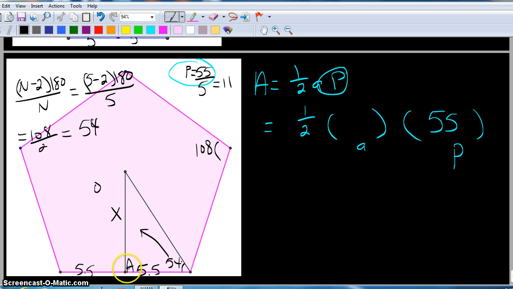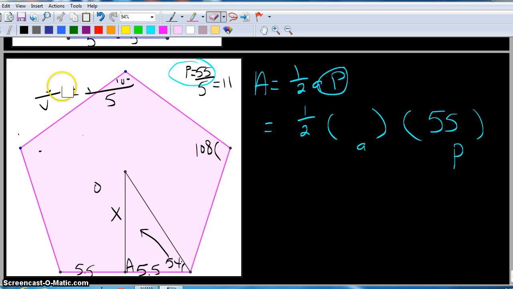O and A. O and A is tan. So tan of 54 degrees over 1. And O goes on top, and O is my x. And on the bottom would be my 5.5.